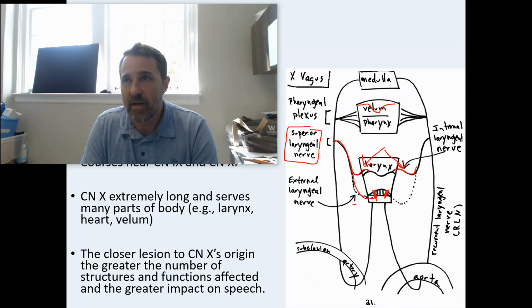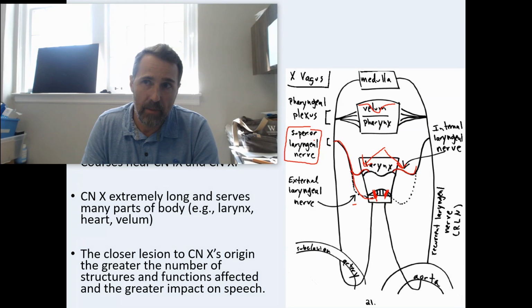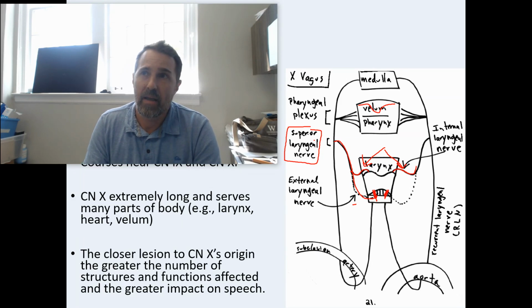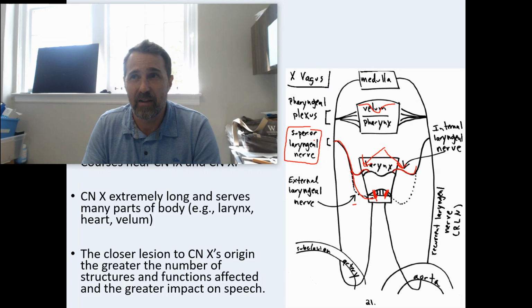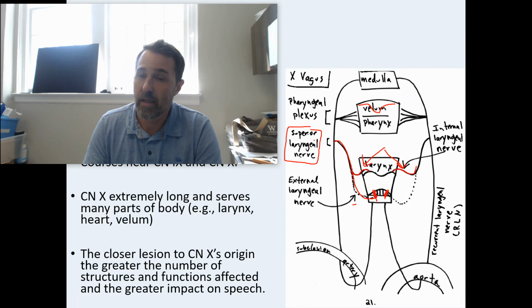And that is not necessarily a dysphagia, but it's a big problem for dysphagia because this is what creates what we call silent aspiration. People aspirate and then don't know it. And if you don't know it, you're not going to cough it back up.